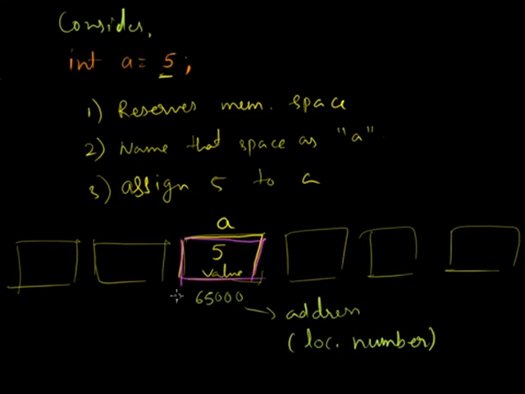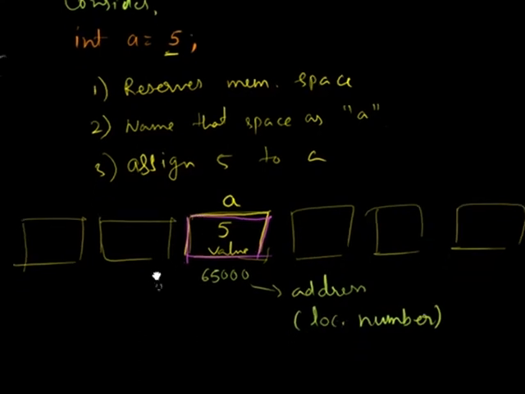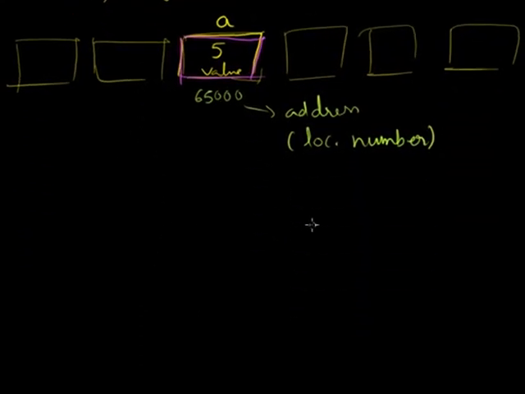Now let us infer something from this information. When we say I, what we get is the value of I, that is 5. When we say address of I, what would we get? The address of I, that is 65,000 in this case.